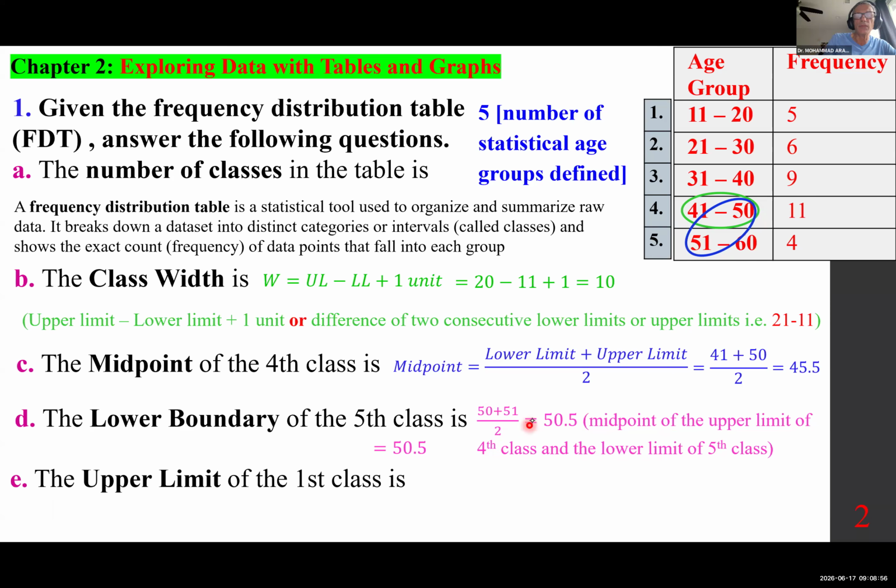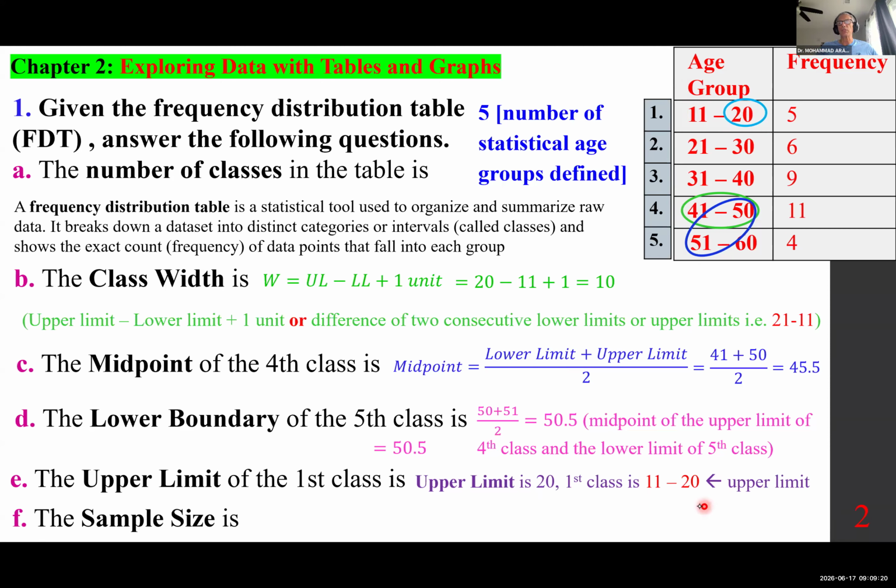The upper limit of the first class, it's already discussed. This first group, those are all lower limits. Lower limit of the first, second, third, fourth, fifth class, upper limit of the first, second, third, fourth, fifth class. Therefore, we are looking at number 20. Upper limit is 20. First class is 11 to 20, and this is the upper limit.